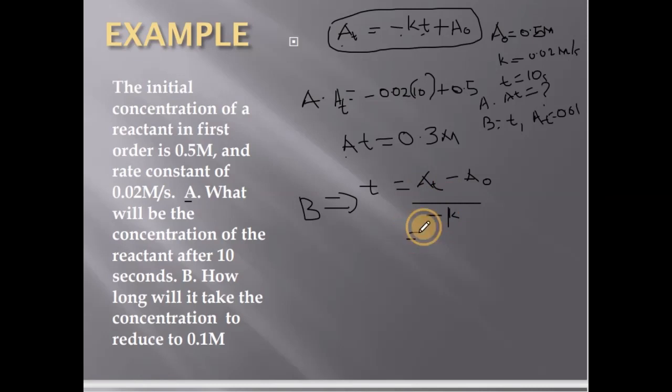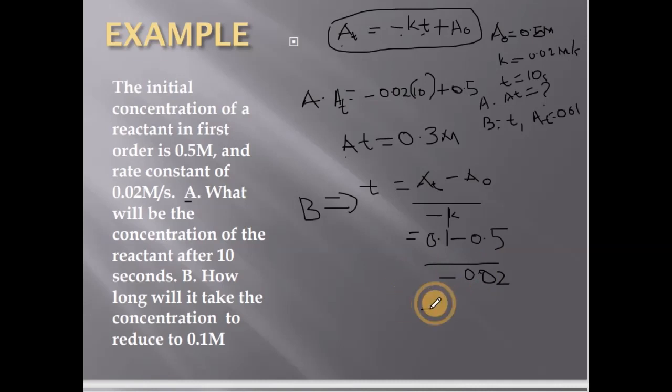The A_t is the final concentration, which is given as 0.1. Then minus the A naught, the given initial concentration, which is 0.5. Then all over minus k. The k given in the question is 0.02, so it's minus 0.02.